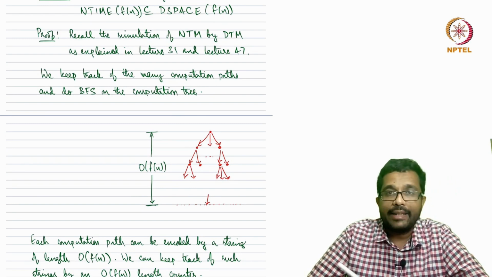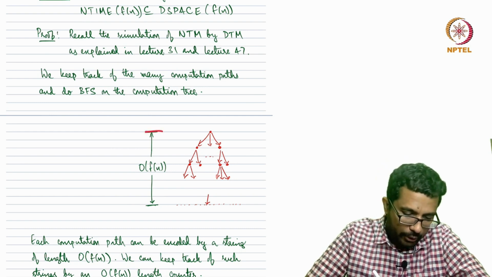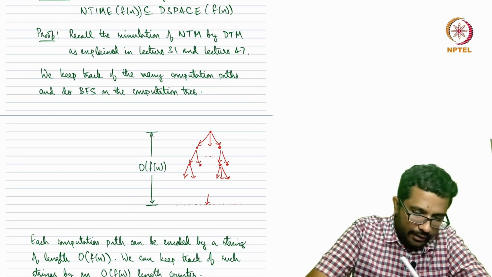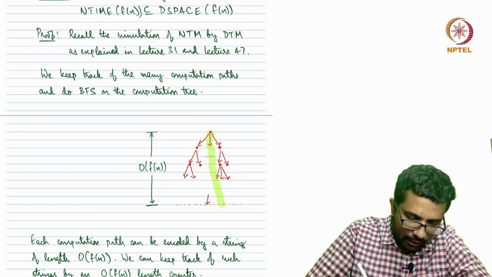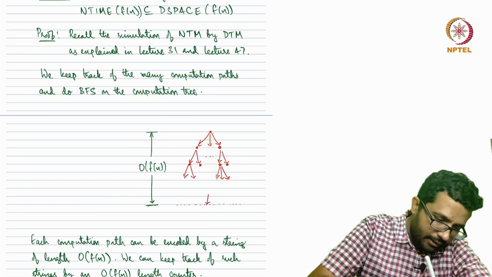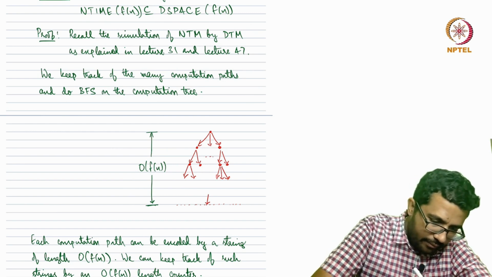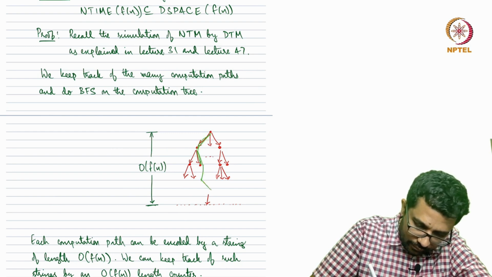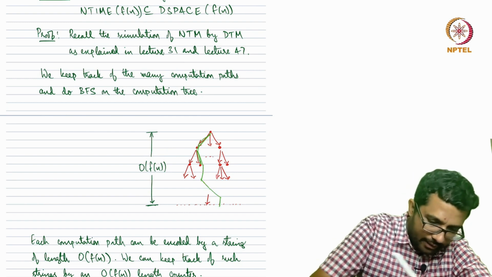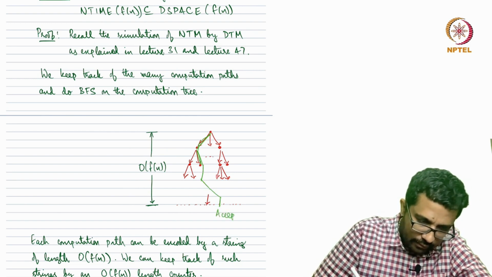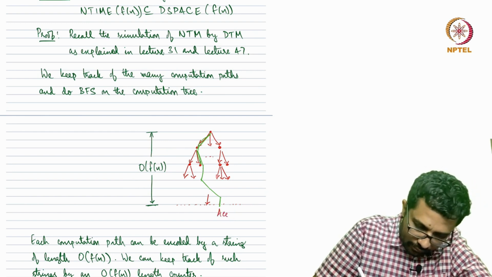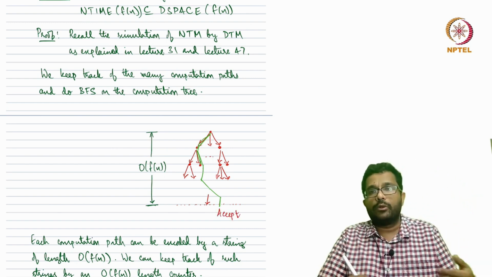We know that it runs in non-deterministic time O(f(n)), which means all computational paths get completed in order f(n) time, and then we want to identify if there is some computation path that leads to accept. So out of the computation tree, we are looking for such a path.